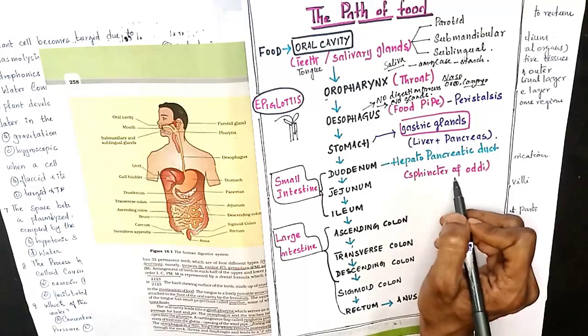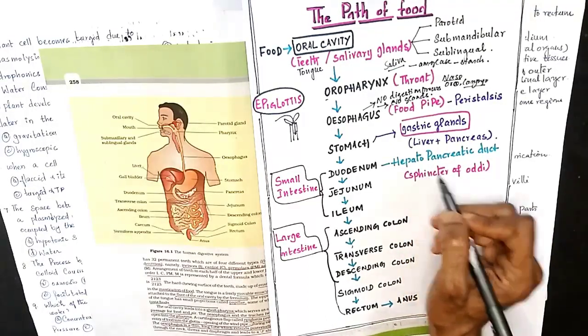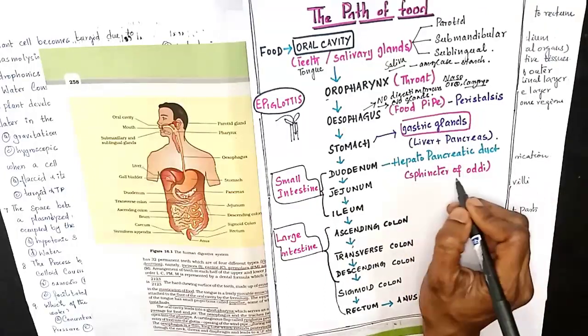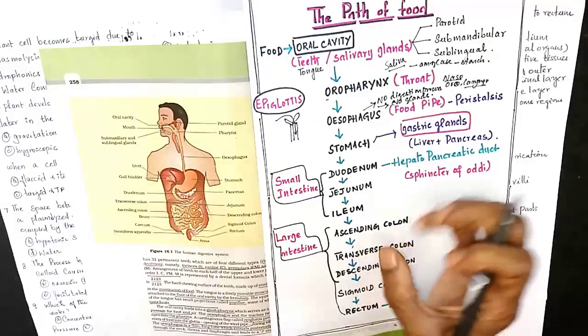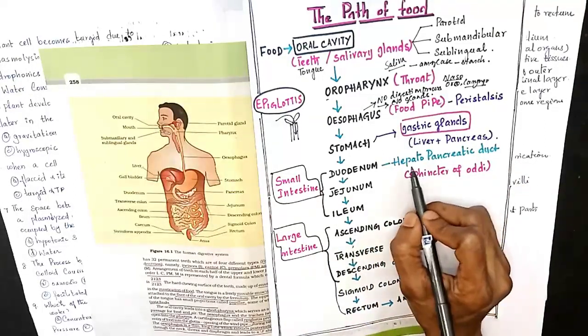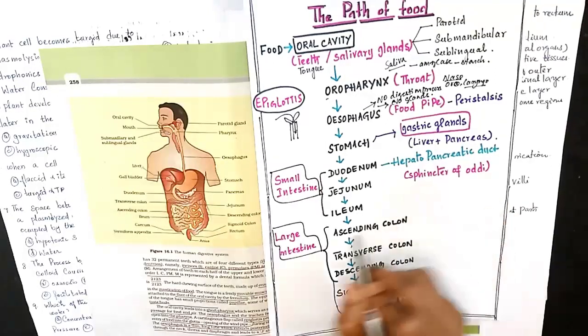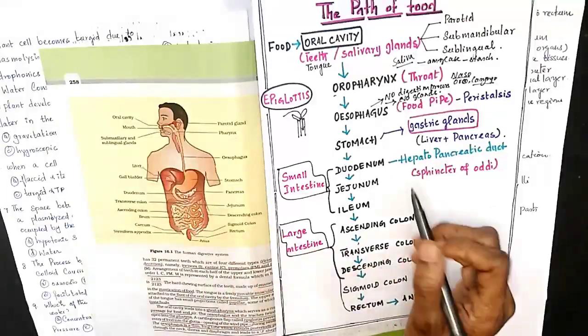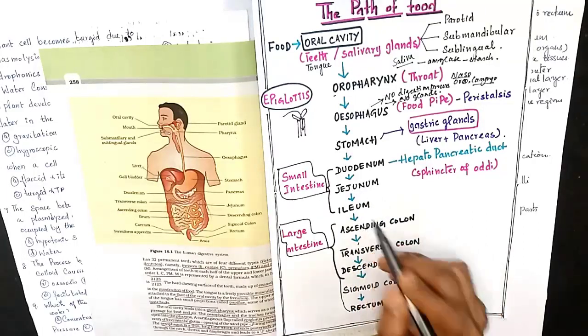This is guarded by sphincter of Oddi. Guarded means it acts as a valve with a closing and opening mechanism. It is called the sphincter of Oddi. This is made up of muscle. Sphincter means like this. So another MCQ is: hepatopancreatic duct is guarded by sphincter of Oddi. Then the second part is jejunum and the third part is ileum.